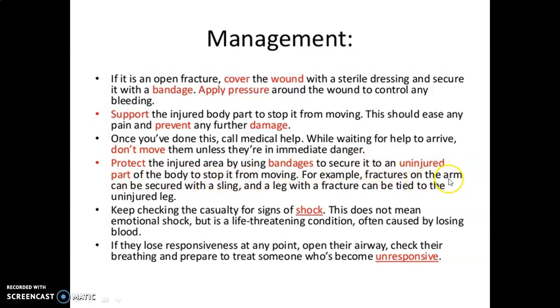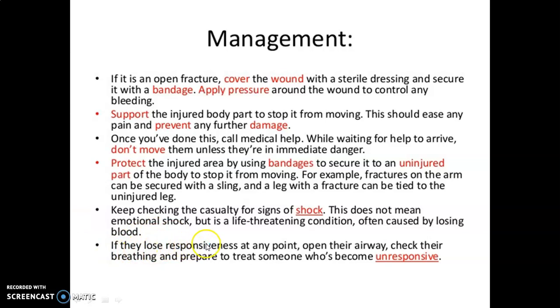For example, a fracture of the arm can be secured with a sling, and a leg with a fracture can be tied to the uninjured leg. Keep checking the casualty for signs of shock. This does not mean emotional shock, but is a life-threatening condition caused by losing blood.